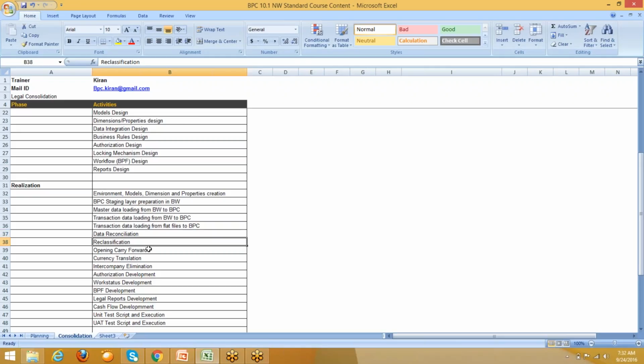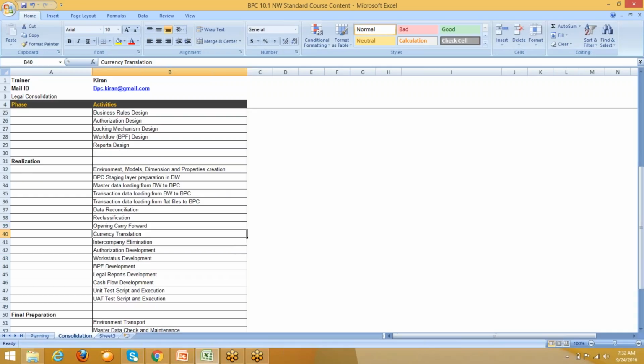How to configure reclassification business rules, how to configure balance carry forward business rule, how to configure currency translation business rule, intercompany elimination business rule, authorization developments, work status development we will do, BPF development we will do, we will create legal reports, we will create cash flow statement, we will test the scenario whether currency translation is working, whether opening balance carry forward is working correctly. Yeah, whether intercompany eliminations are working or not, right?